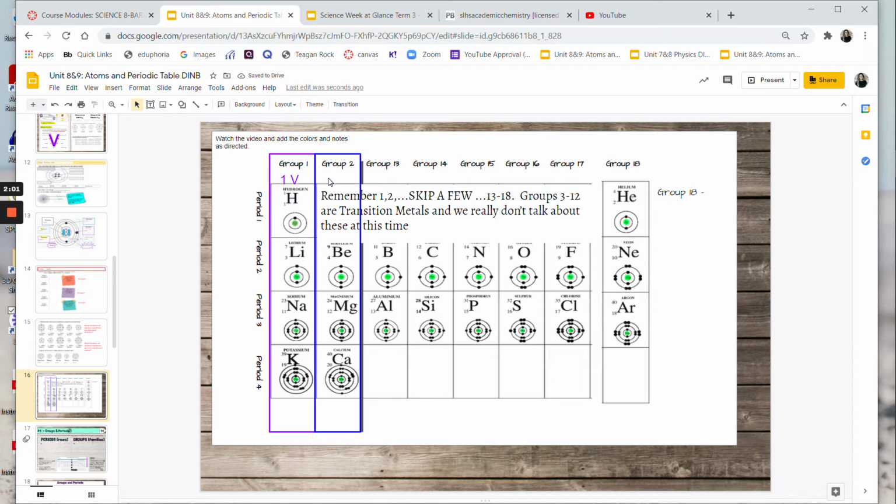Okay, and if I look at beryllium, magnesium, and calcium, there's 1, 2 valence electrons, 1, 2, and 1 and 2. That means everybody in group 2 is going to have 2 valence electrons. So everybody in group 1 has 1 valence electron, everybody in group 2 has 2 valence electrons.